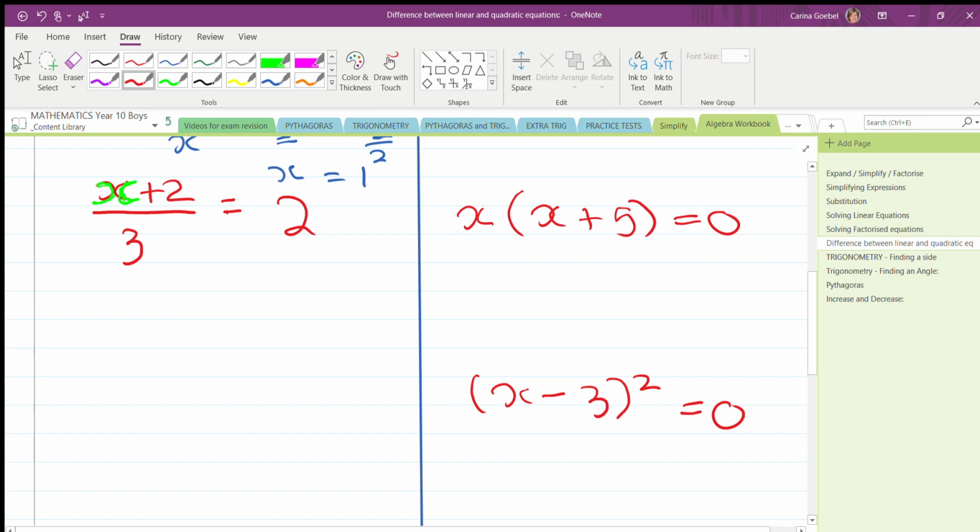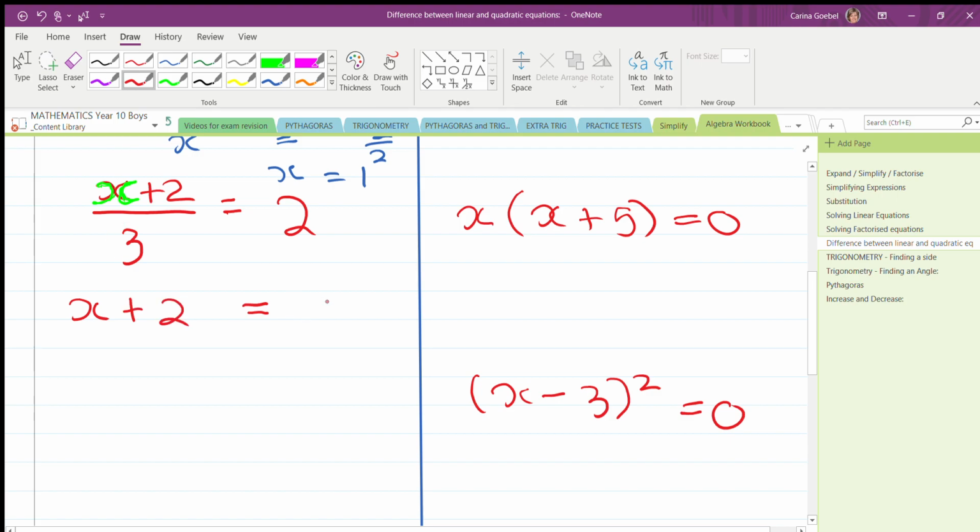How you get rid of them, I know it's not very mathematical, but just a little way to remember it, you do the opposite operation. So this is divided by 3. That means to get rid of the 3, we would have to multiply by 3. So if you multiply by 3 on this side, the x will be gone.